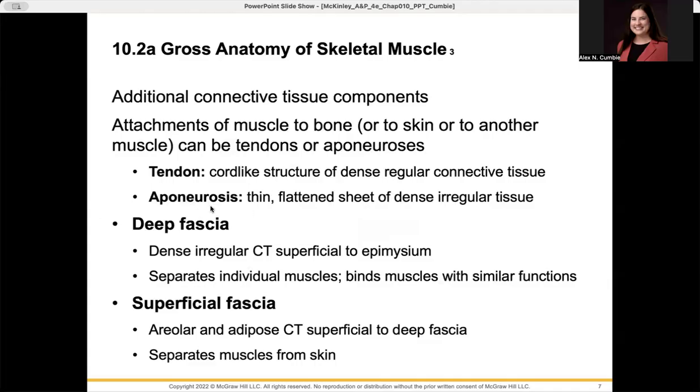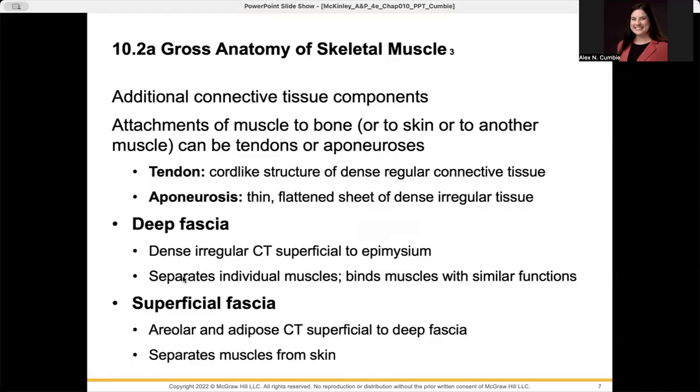And so it might not surprise you that aponeurosis is dense irregular connective tissue that is connecting other muscles to each other. So we're not necessarily using an aponeurosis to connect muscle to bone, but we are connecting muscles to each other across maybe a wider area.